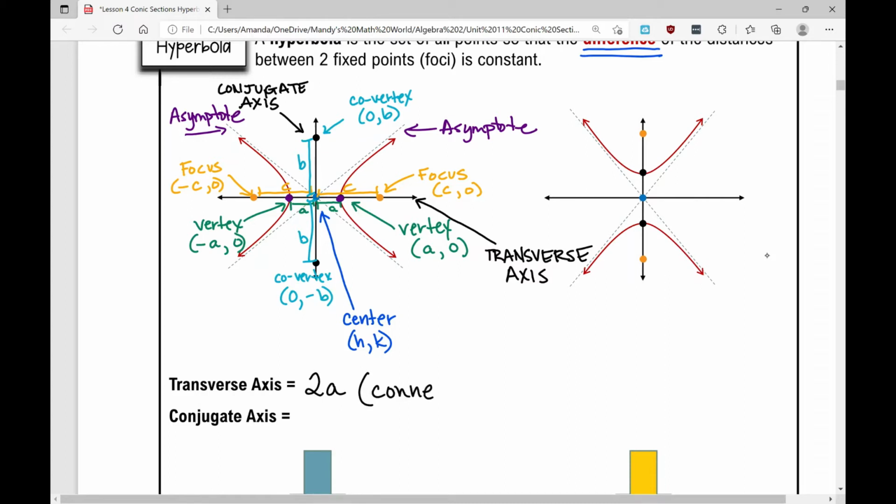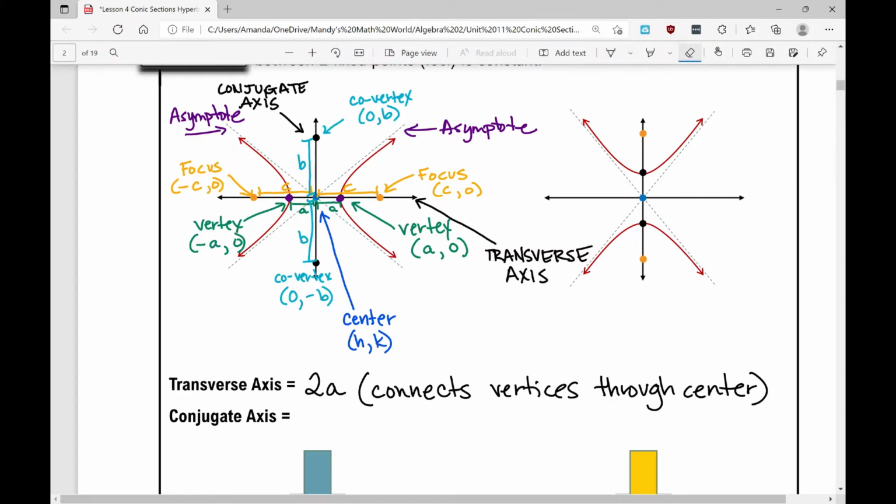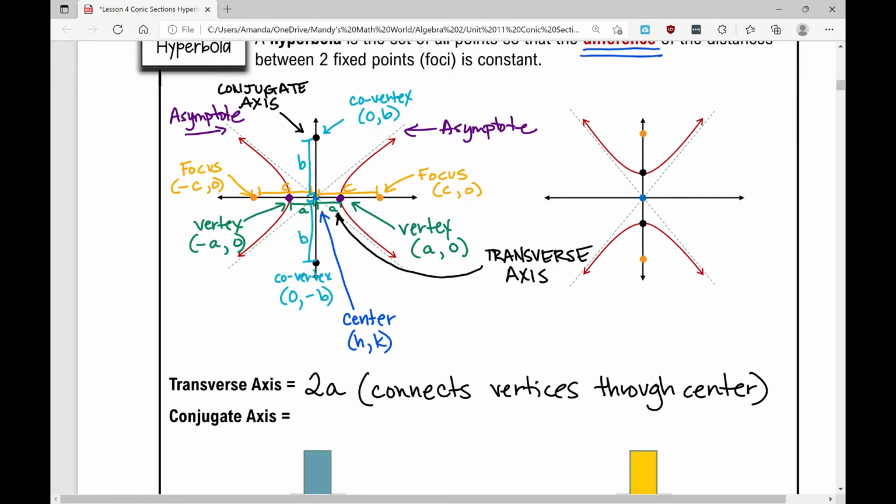Really, I probably shouldn't even label it out here. I probably should label it right here, because your transverse axis only goes from vertex to vertex, okay? And the length of that transverse axis is 2a. It's right here, this point to that point.